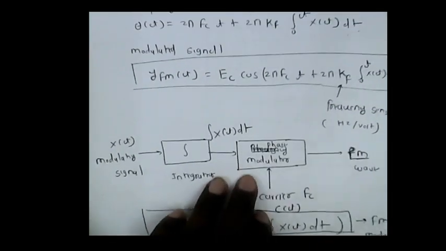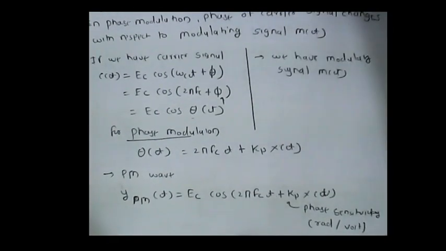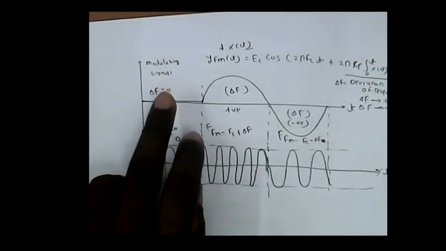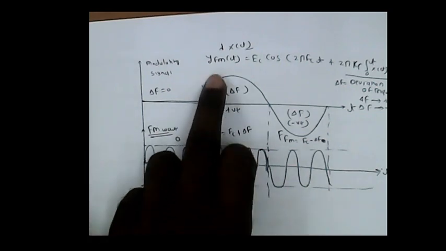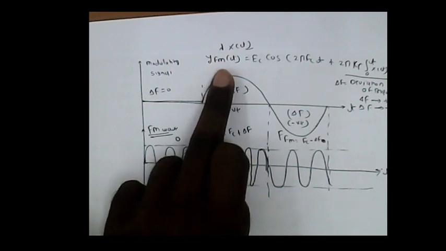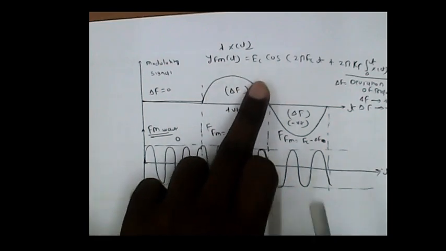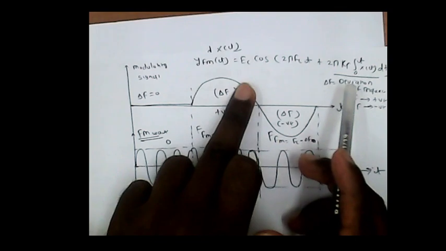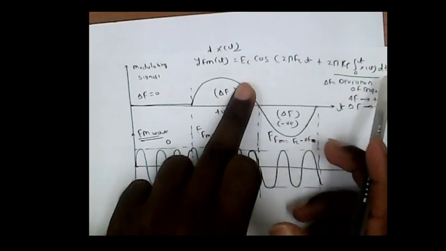Now let us see the waveform. Here this is the modulating signal which is to be modulated. The basic equation of the FM wave in time domain is y FM of t equal to Ec cos(2 pi fc t + 2 pi kf integration 0 to t of x of t dt).